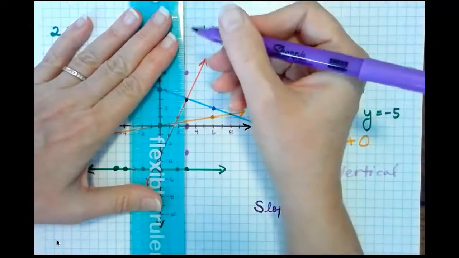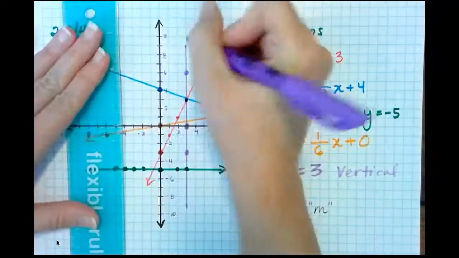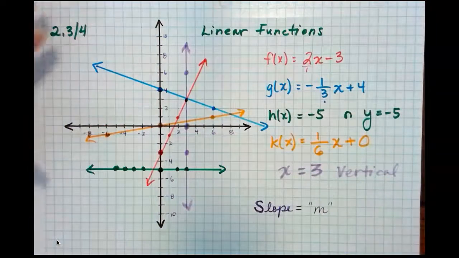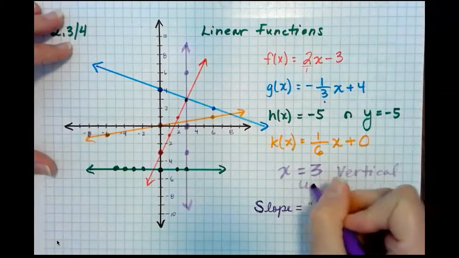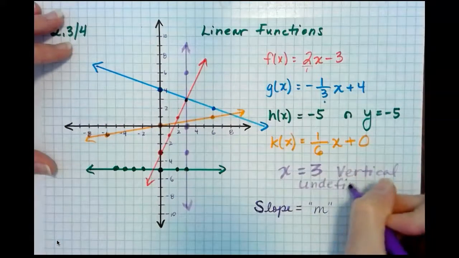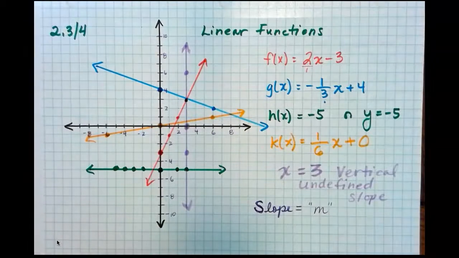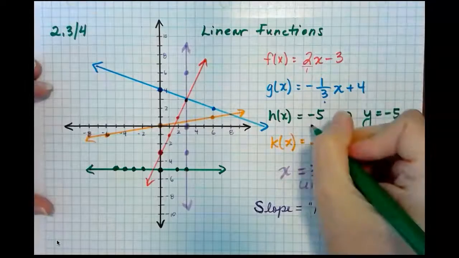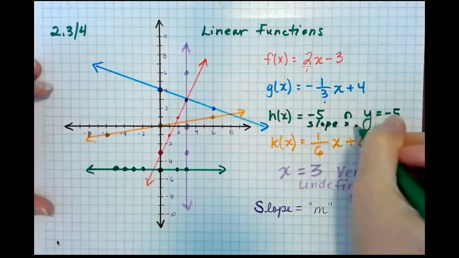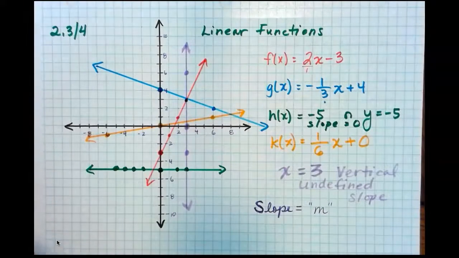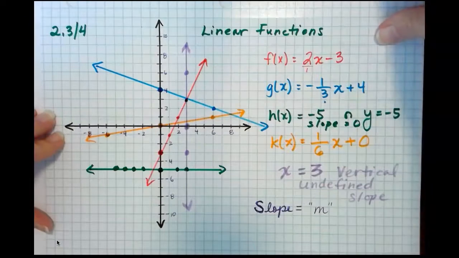One thing to keep in mind, a vertical line has an undefined slope, and the horizontal line has a slope equal to 0. Zero rise and all run. So, all the different types of linear functions that you might see.